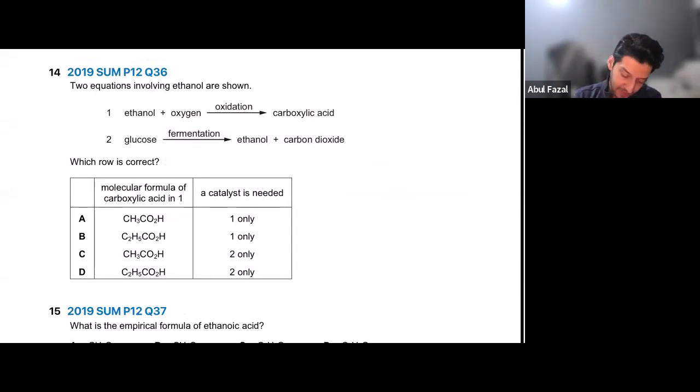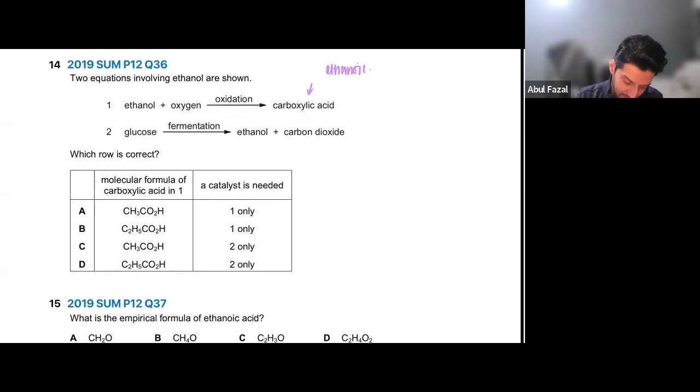So which carboxylic acid will be formed? Over here, it'll be ethanoic acid. Ethanoic, right? So which of these is ethanoic? I think this is ethanoic, this is ethanoic.